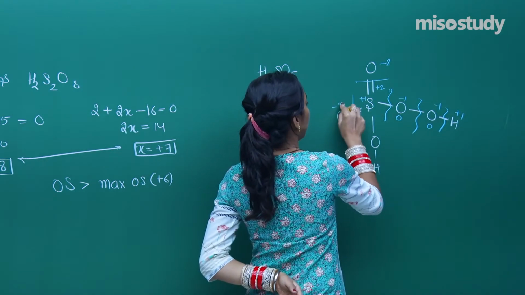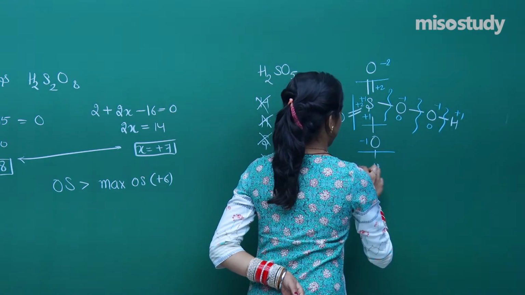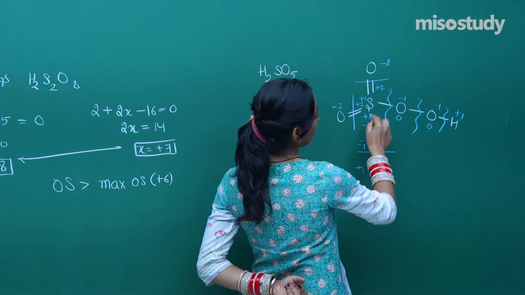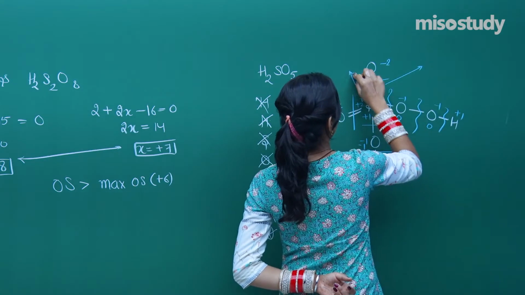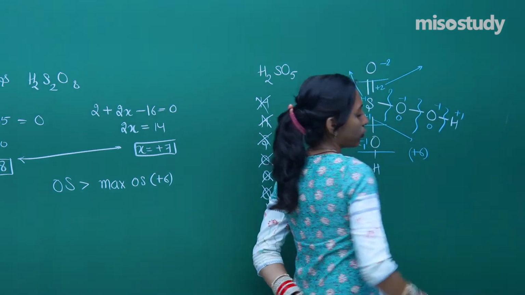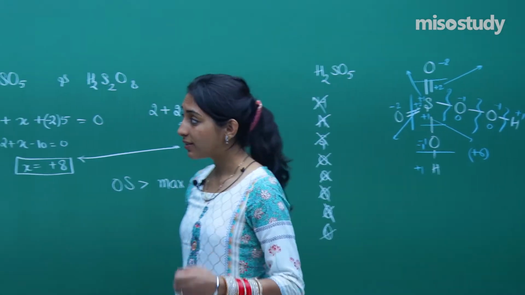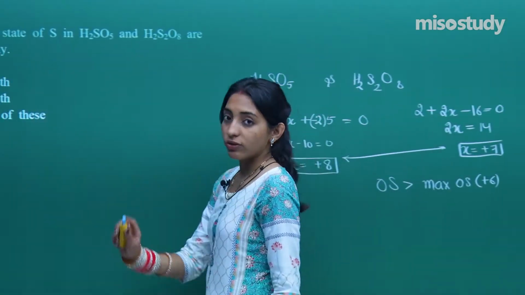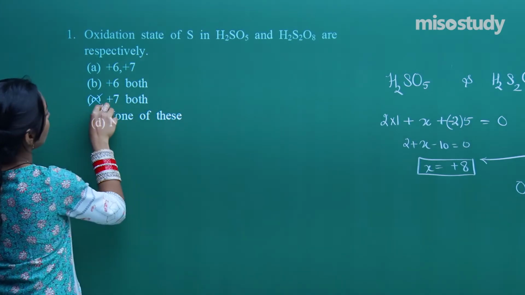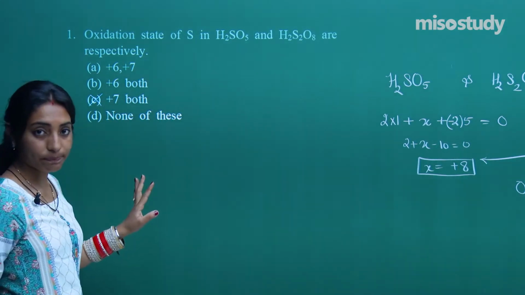So once again minus 2 plus 2, plus 1 minus 1, plus 1 minus 1. Now if I ask you to calculate the total charge on sulfur, it is 2 plus 1 3 plus 2 5 plus 1 6. So the oxidation state of sulfur in H2SO5 is plus 6. So let's see. Genuinely none of these can be an option, but plus 7 is not the option, right? Either it can be A, B or D.